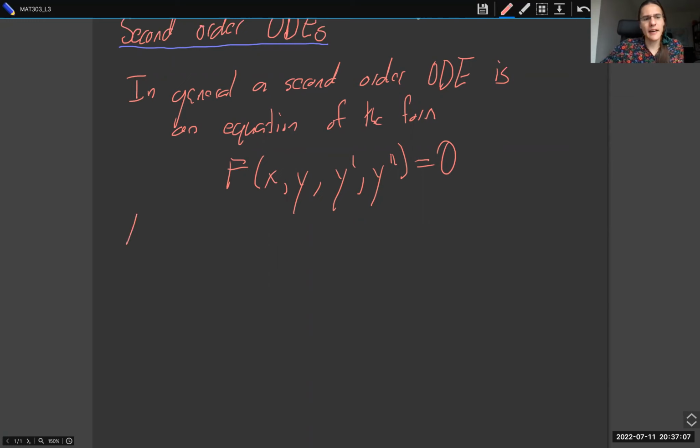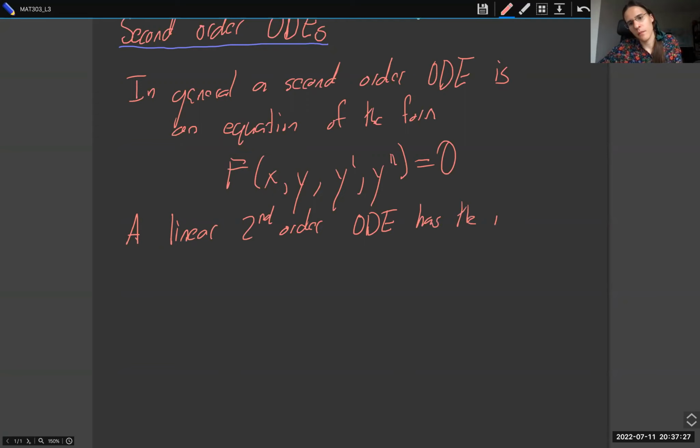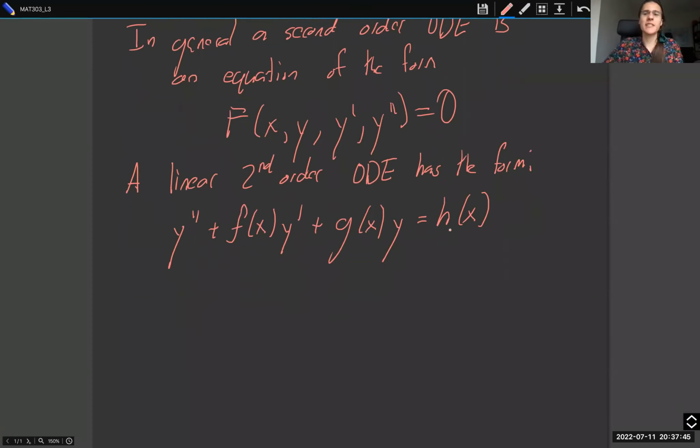So a linear second order ODE has the form: y prime prime plus some function f that's only a function of x times y prime, plus g, a function of x, times y, equals some function h of x. And this equation is known as homogeneous when what?